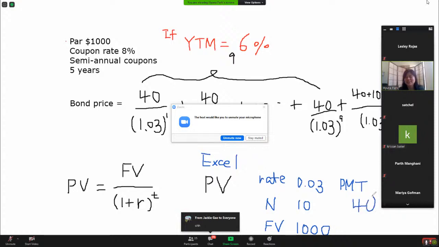Good job. And you compute present value and you will get the bond price. After entering these numbers, you will get a negative number, because payment and future value are positive numbers. That means you receive $40 and you receive 1,000 at the end. Because you pay this present value, you will get a negative number.